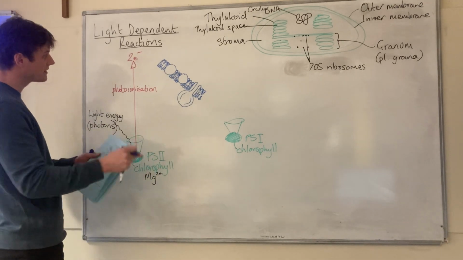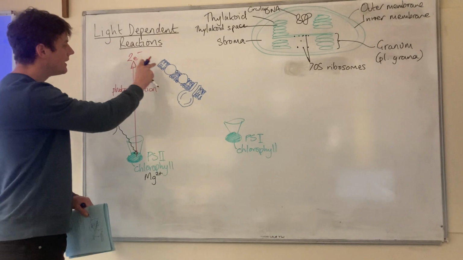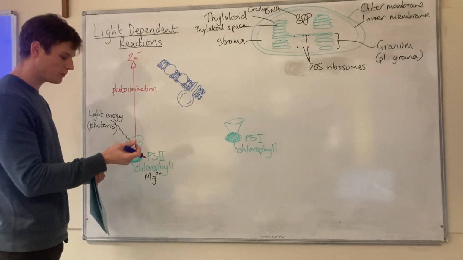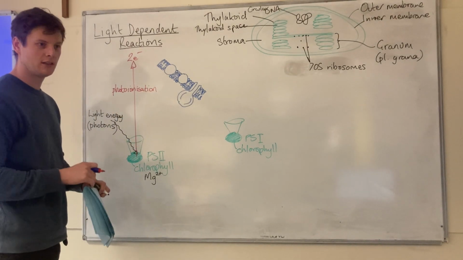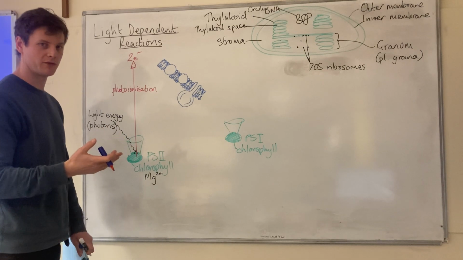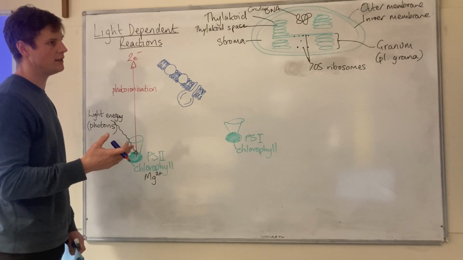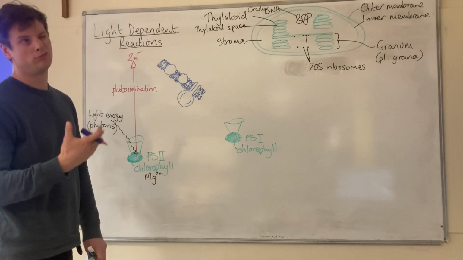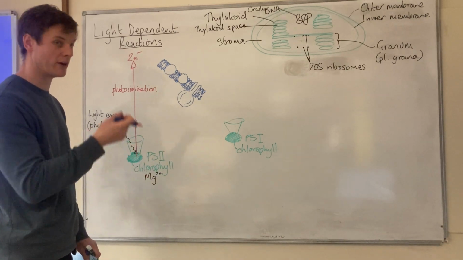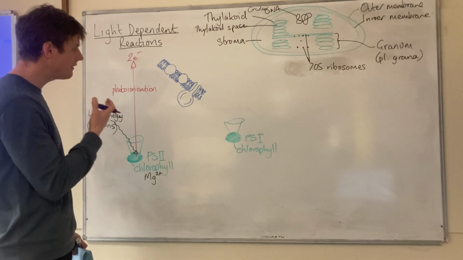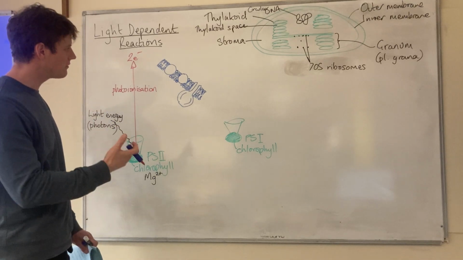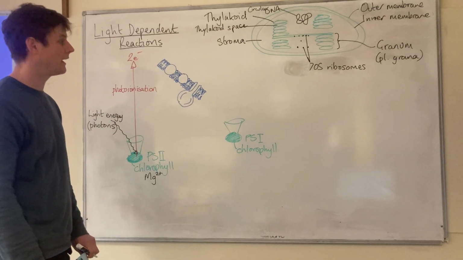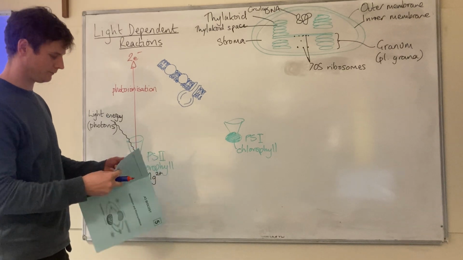Because the next stage is an example of chemiosmotic theory. Now you might remember chemiosmosis from the oxidative phosphorylation stage of respiration. Now very similar to that, we've got another example of an electron transport chain.